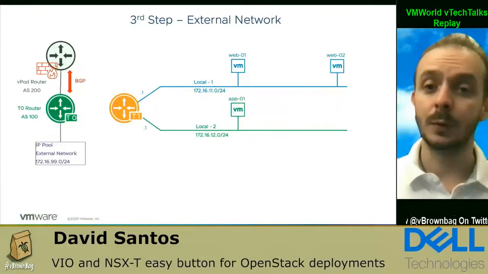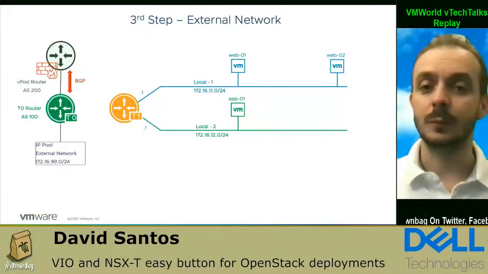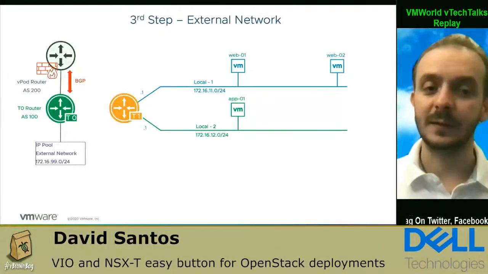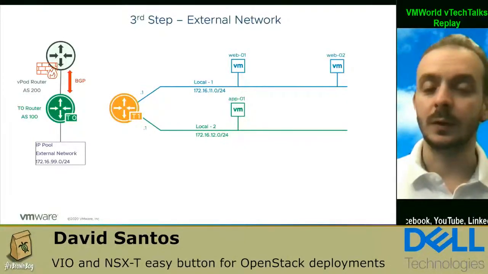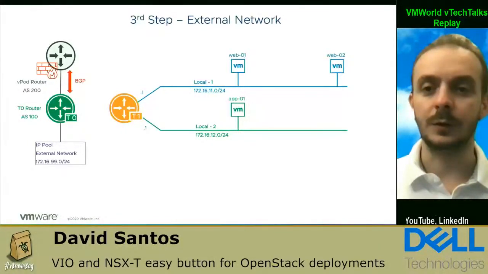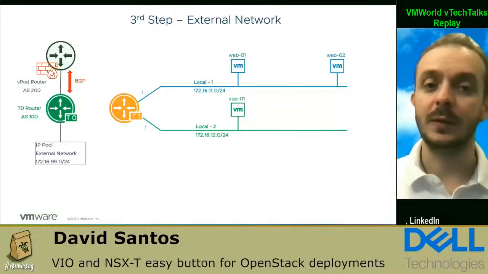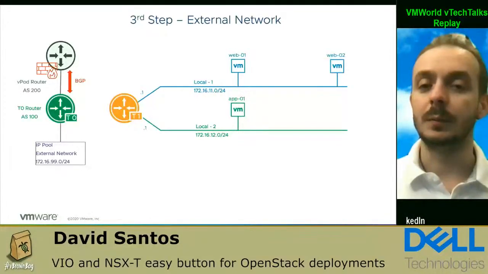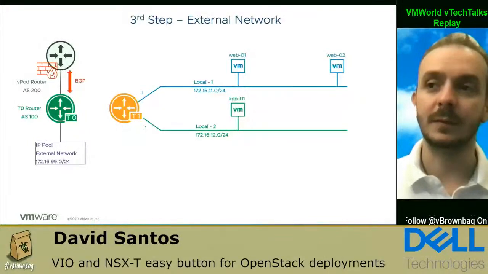It creates a pool that will be consumed either as a floating IP or a load balancer IP, but it doesn't create anything. In this case, that external network will be used by this T0 to provide NAT, or to deliver those IPs to our objects that will be published externally.